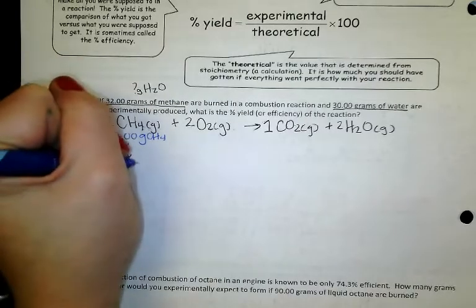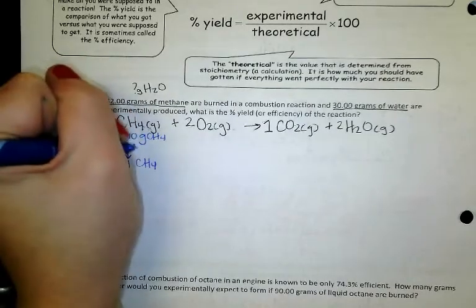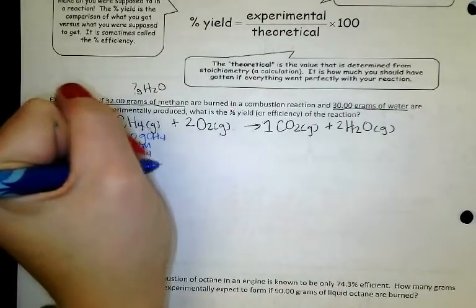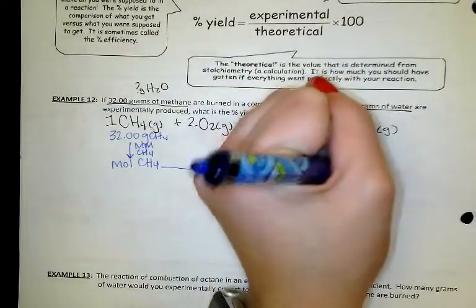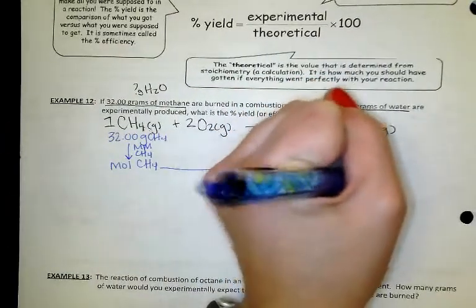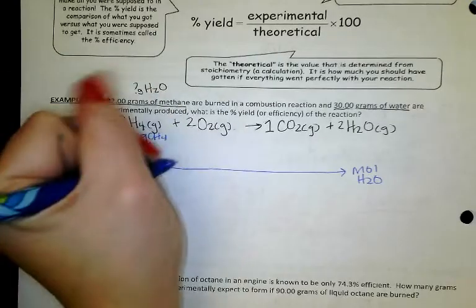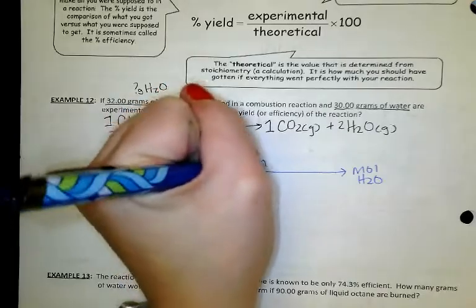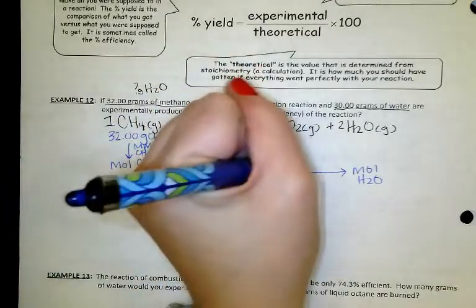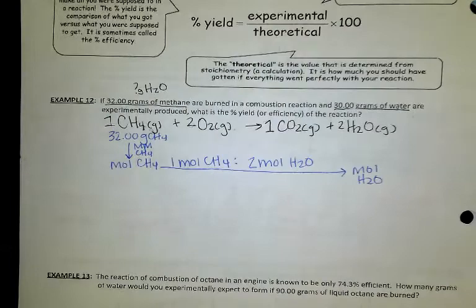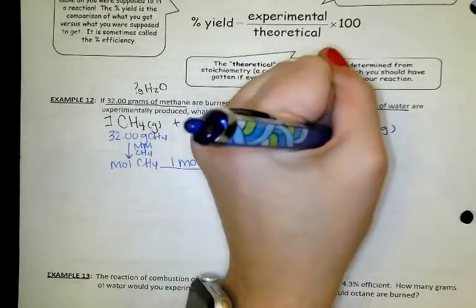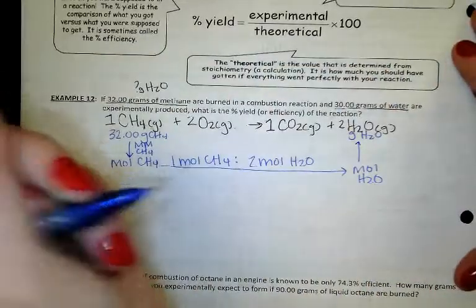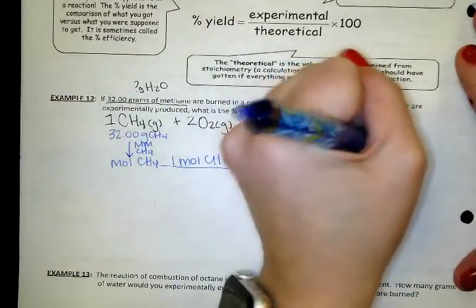Then I'm going to convert moles of methane to moles of water using that mole-to-mole ratio. 1 mole of methane to 2 moles of water. Okay, then I'm going to convert moles of water to grams of water using the molar mass of water, which is 18.02. Okay, that's something that honestly we use, water's molar mass, all the time.